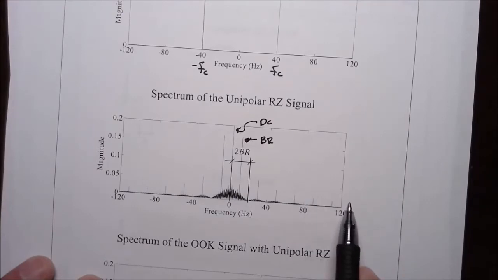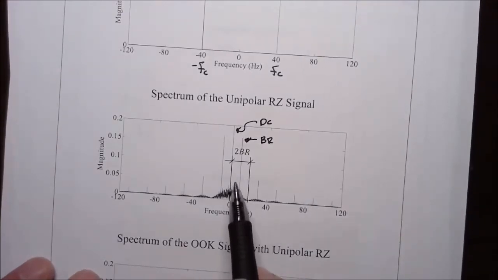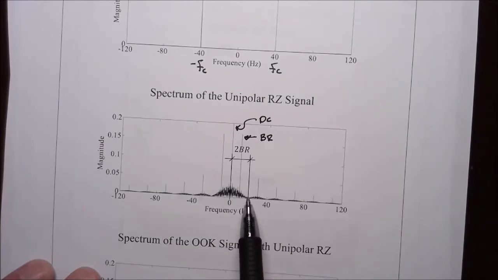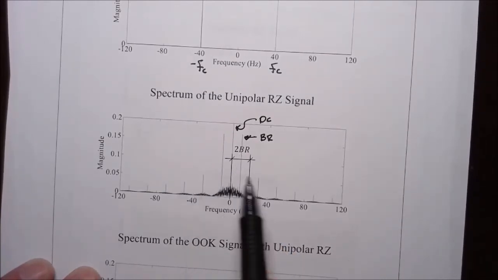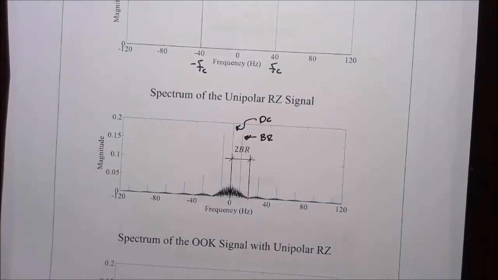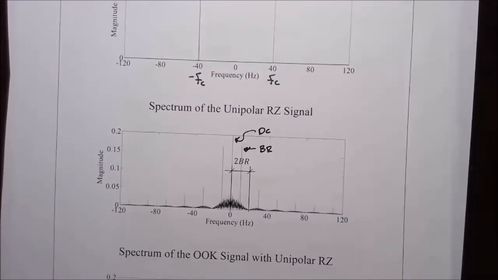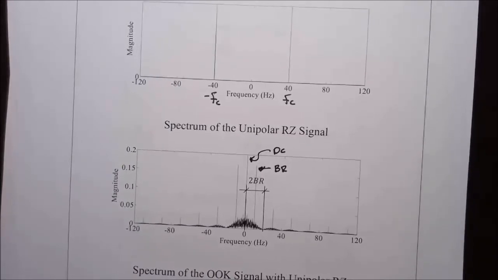We get the odd harmonics continuing, and then we also get this. The envelope for this would then be a sinc squared signal, with the first null occurring at twice the bit rate. So this is precisely the same result as we got theoretically.